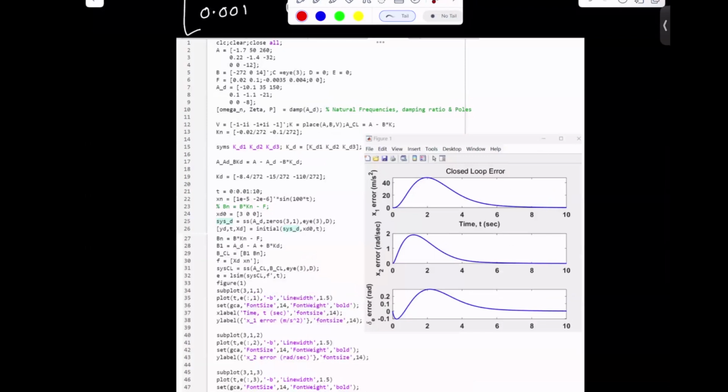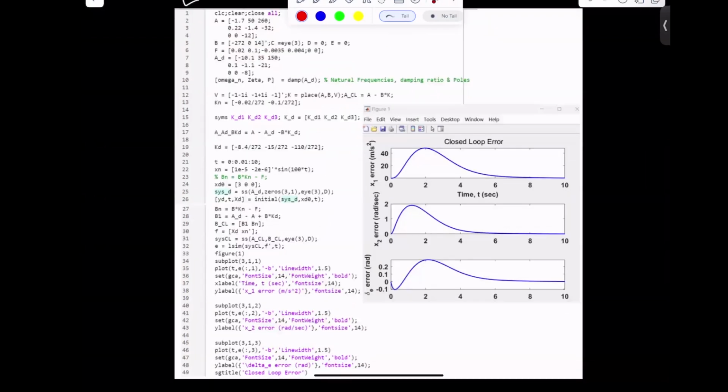I hope it is visible. Here, if you notice, we have the system matrix A, the B matrix, and C, D. AD is also given to us, and using DAM we can find P, theta P, damping ratio and pole of the desired dynamics.